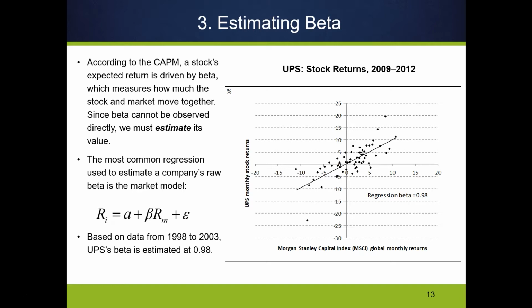Right? Now, we know that UPS has lots of idiosyncratic risks. They have lots of unique risks associated with their business. But when we talk about firm risk, we only talk about their exposure to market-wide risk, the risk that would affect every company, not just the risk that affects UPS individually.